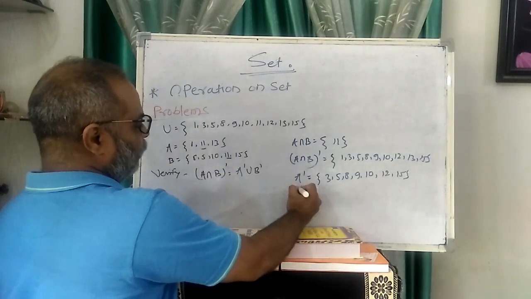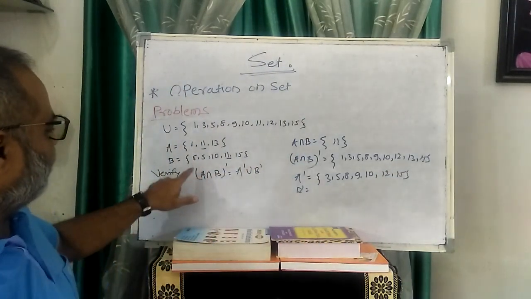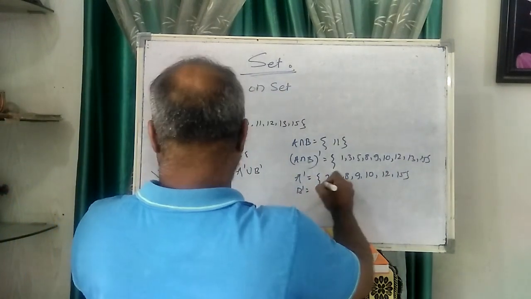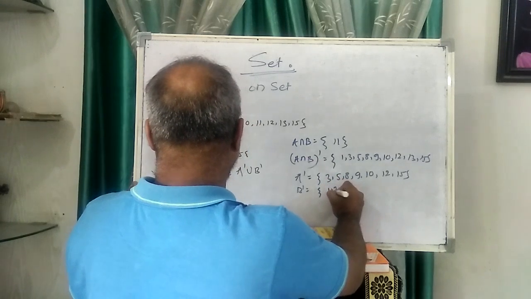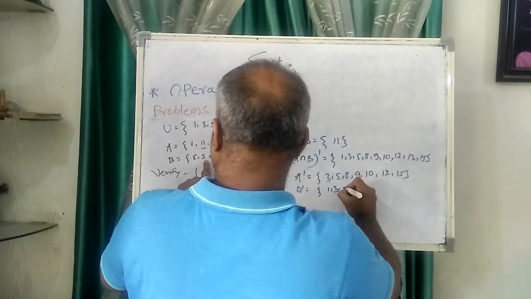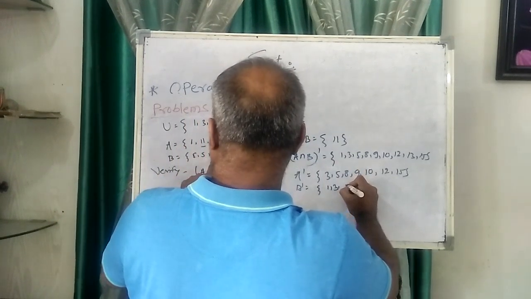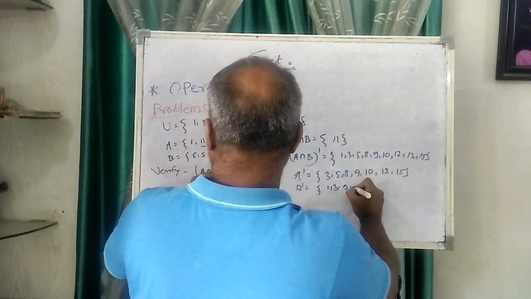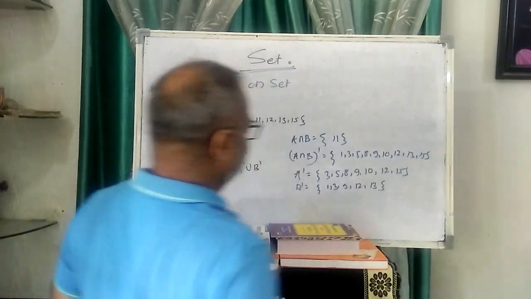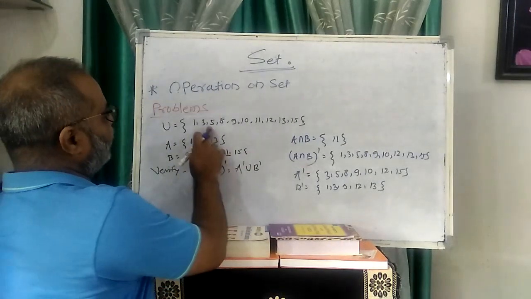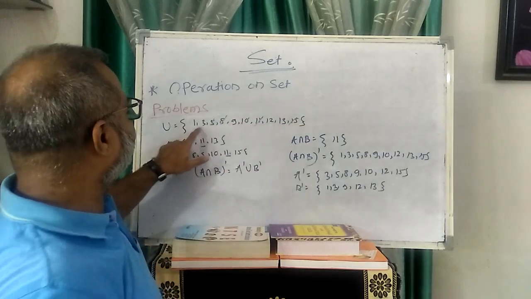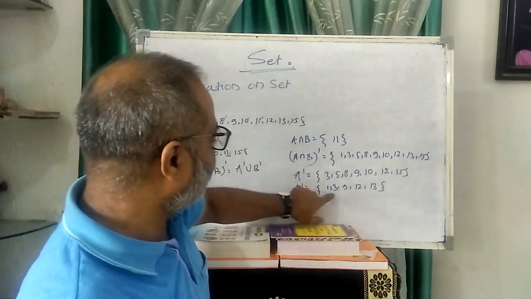Now I find B complement, deleting all of B's elements from U. Here 1, 3, 5 are present, 8 is also present, 10 is also there, so remaining is 9. 11 is also present, and 12, 13, 15 are also present. Cancelling 8, 5, 10, 11, 15, what I get is 1, 3, 9, 12, 13.